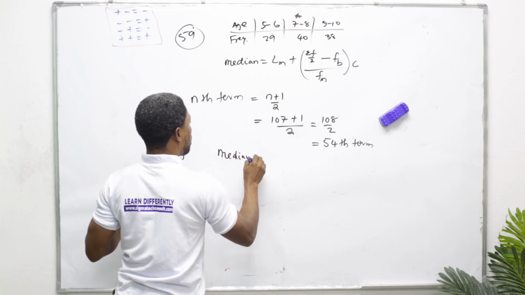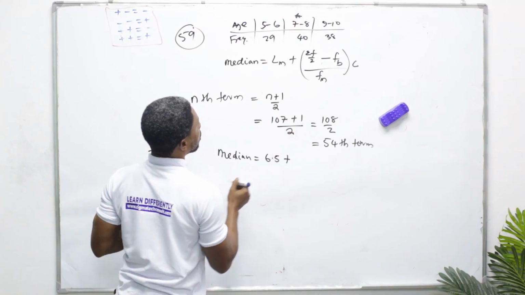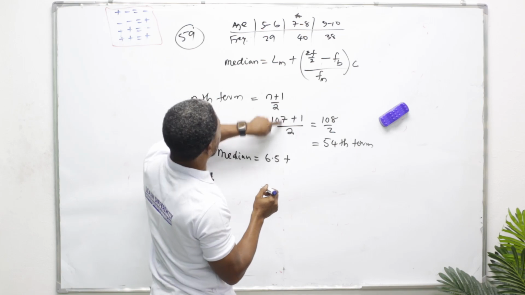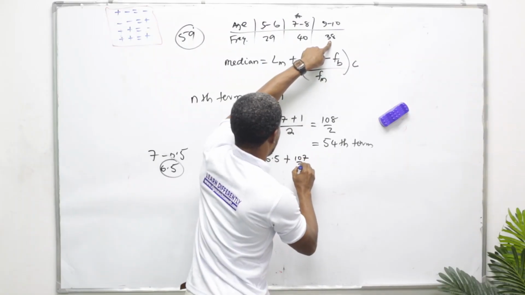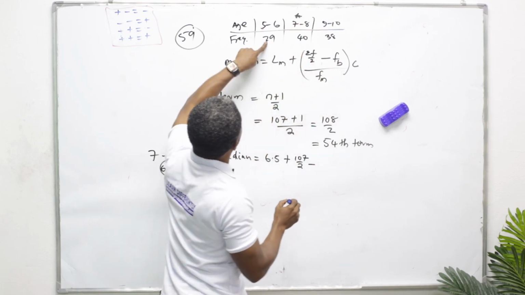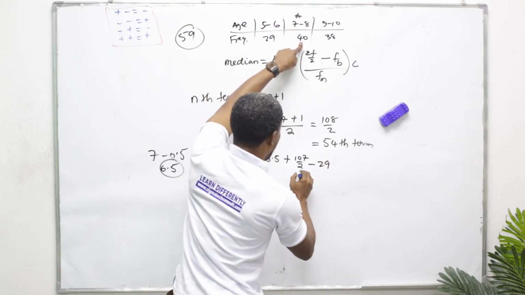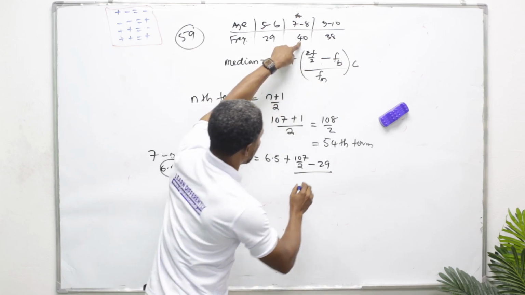My median is equal to 6.5 plus the sum of the frequency, look at it here, 107, divided by 2, minus the frequency before the median, and that is 29, divided by the frequency of the median, that is 40.